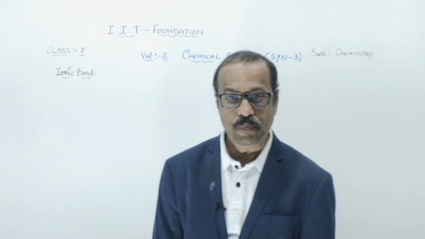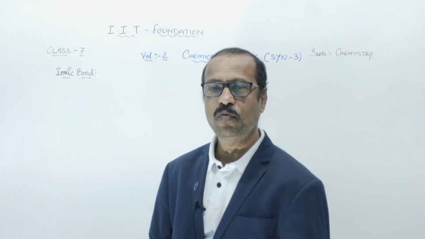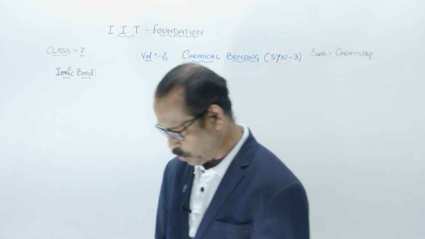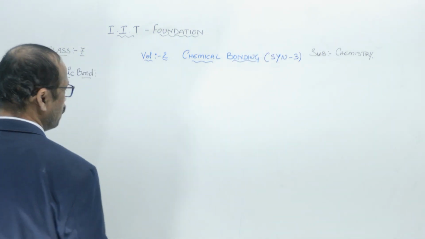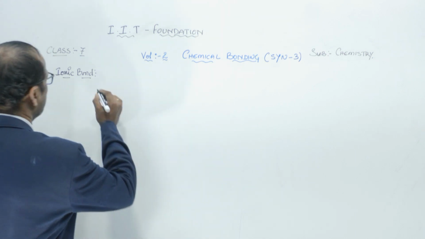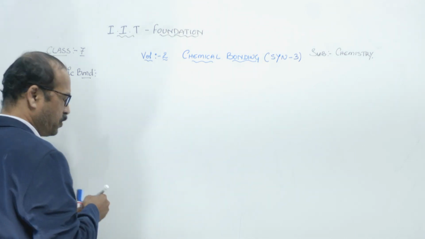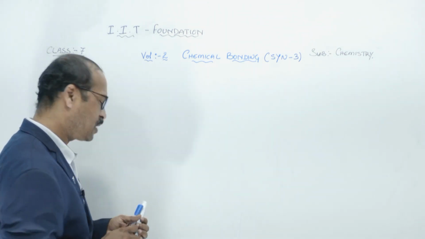So here we discuss the formation of ionic bond. The first one, the simple definition, I'll write. That is the bond formed between two oppositely charged ions, or a transfer of electrons.